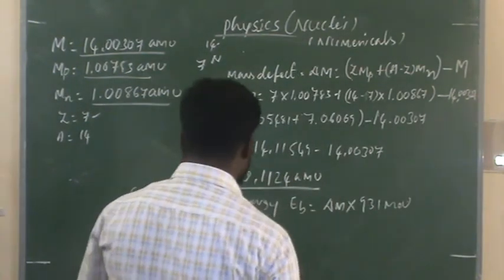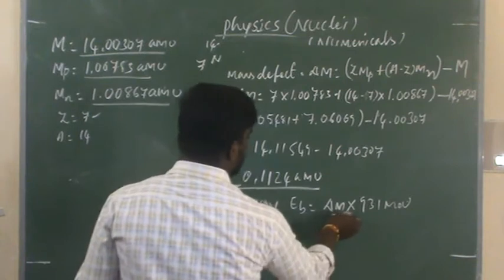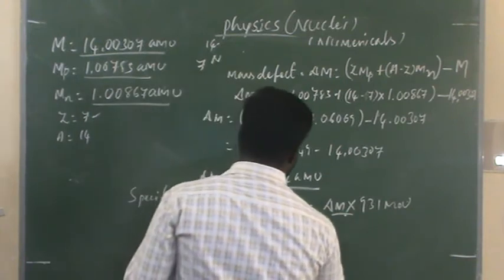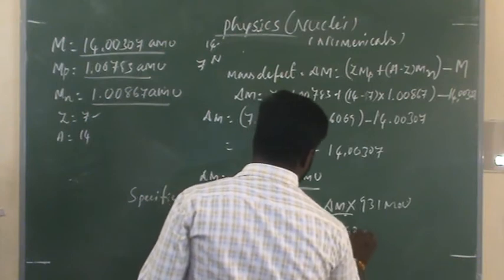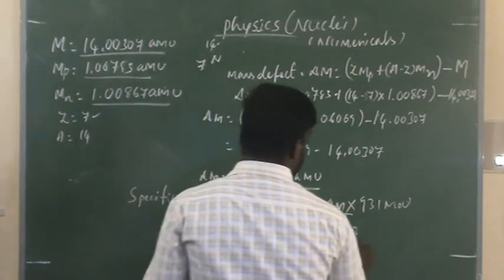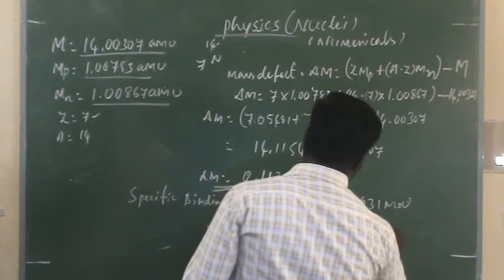Already you know the mass defect, that is 0.1124 into 931 mega electron volt.